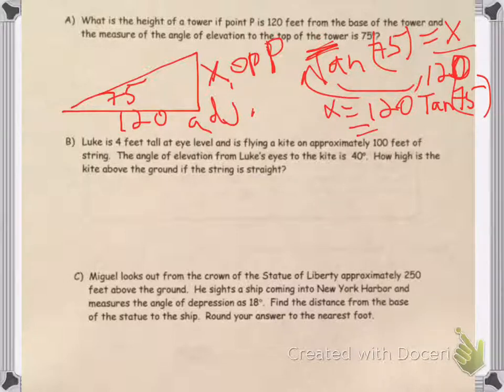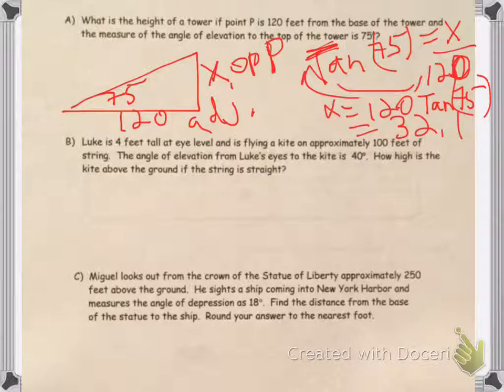Come on, calculator. So now when I multiply 120 times tan of 75, I get about 32.1.